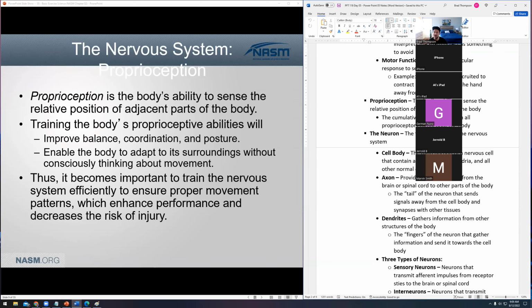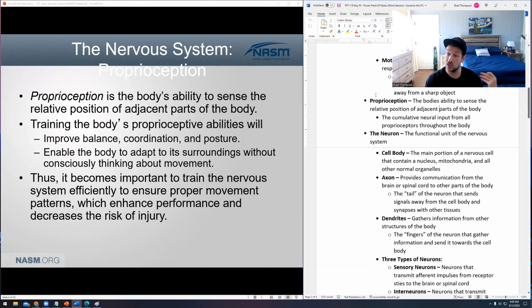But here's the thing. How many times have you guys told somebody to do something and then it didn't happen properly, right? I can think of a lot of times that has happened, right? There's a lot of times where we say to do something, but it doesn't actually happen. So proprioception is both the information going out and the information coming back in. So it's your body's ability to know what position it's in, right?